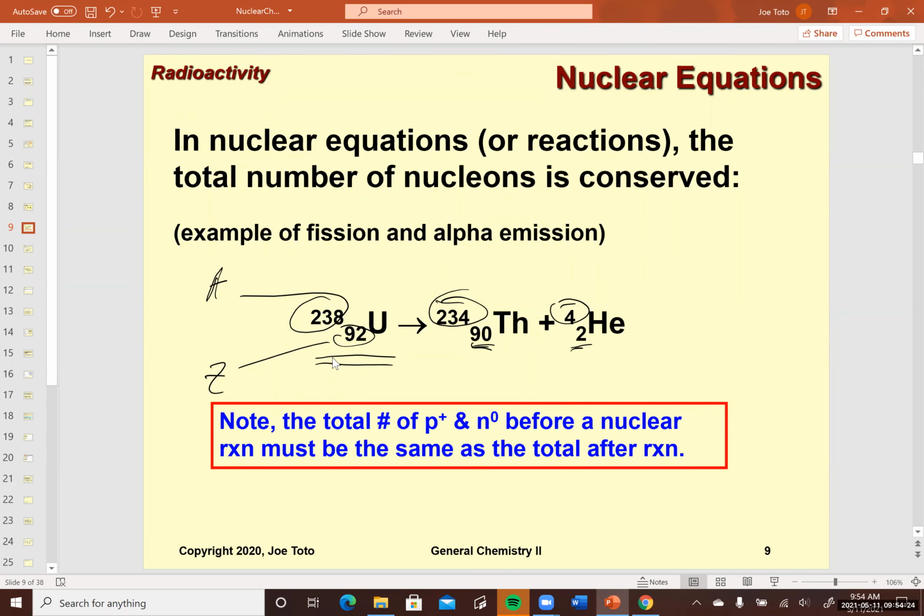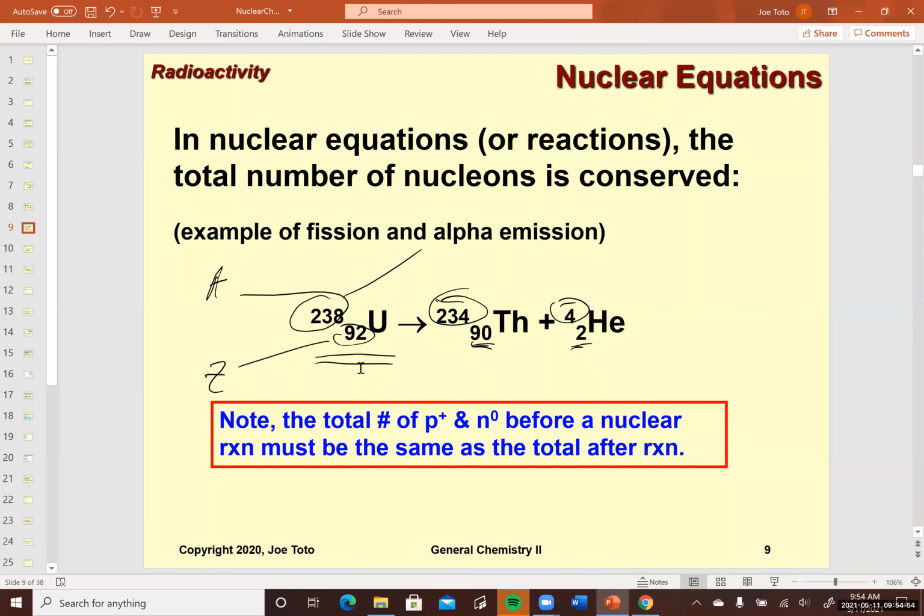So 234 plus 4 is 238, and 90 plus 2 is 92. Whenever you see these reactions, or you are asked to make up a nuclear equation, you should make sure that all the particles are conserved.